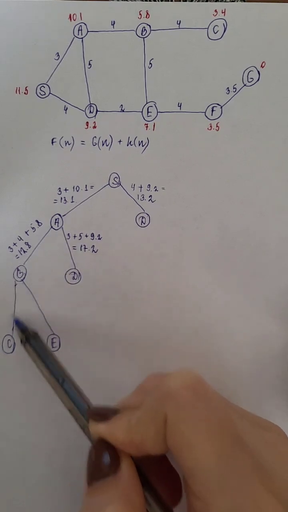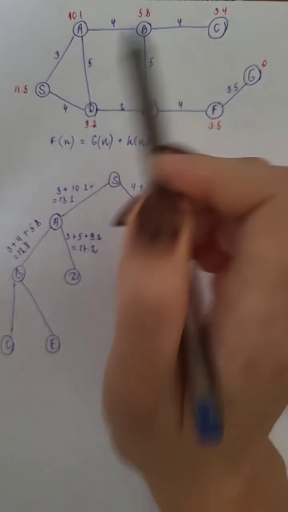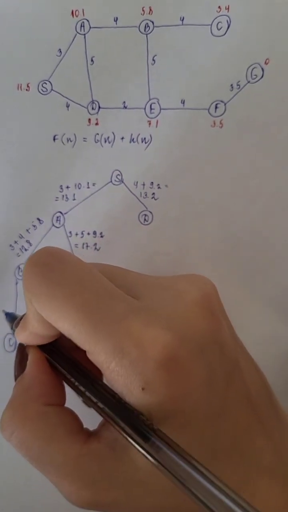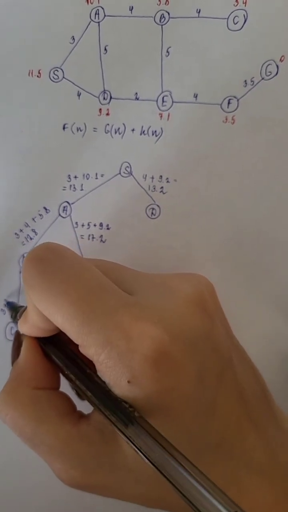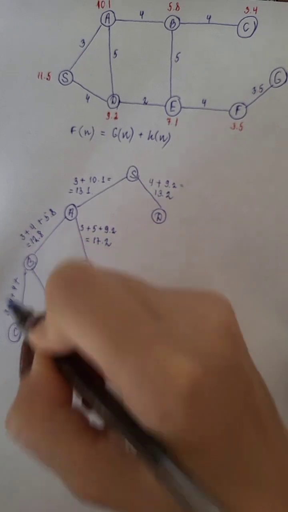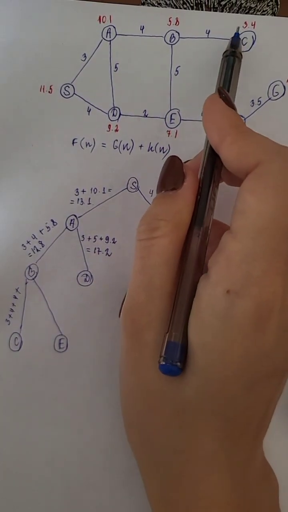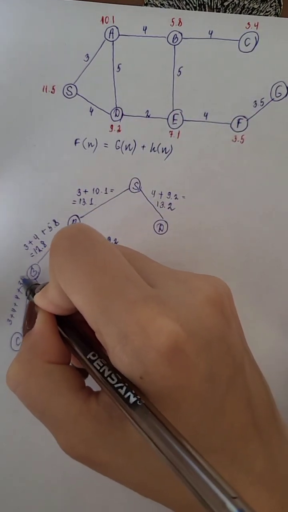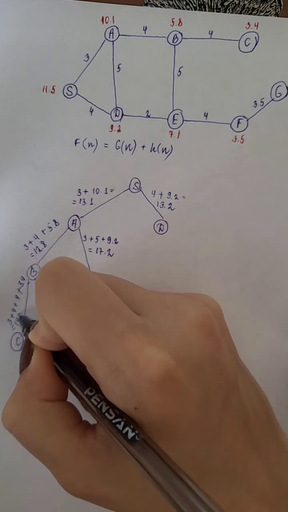Look at this one. 3, 4, and 4. So 3 plus 4 plus 4 plus, what's the heuristic value of C? It's 3.4. So plus 3.4, which gives us 14.4.